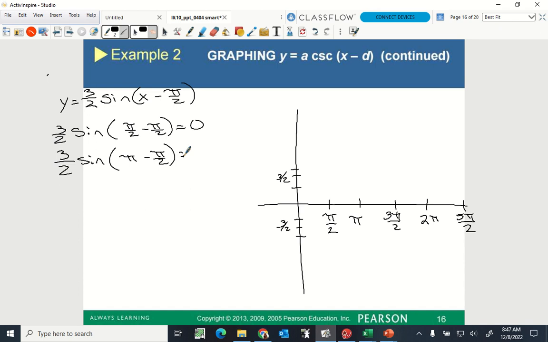You have half a pi. It's positive 1/2 pi, right? Good. So what is sine at 1/2 pi, or pi over 2? Sine is 1. 1 times 3 over 2 is 3 over 2.